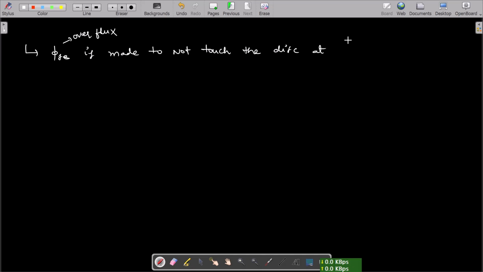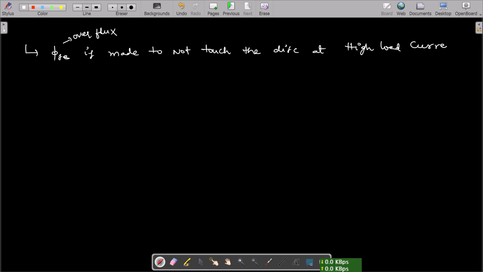In this other method, phi sc, the overflux and not the actual flux, is made not to touch the disk at overloads, at high load currents only.